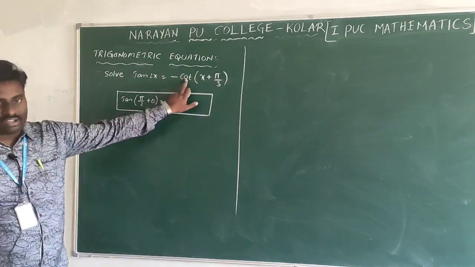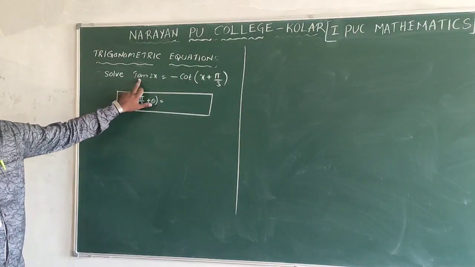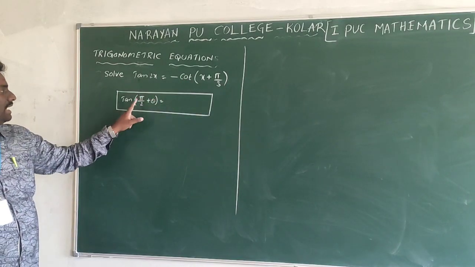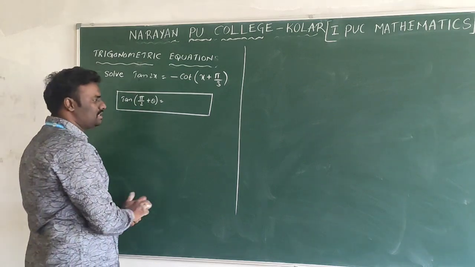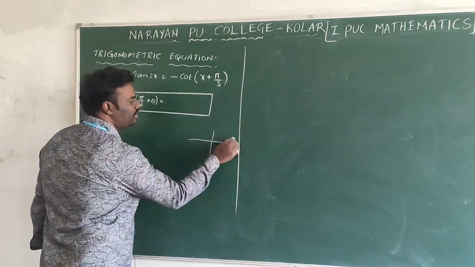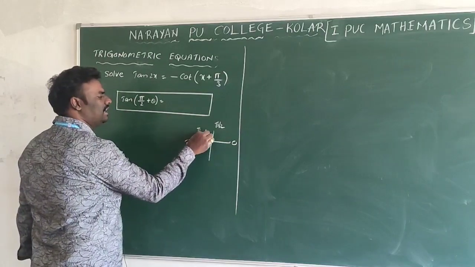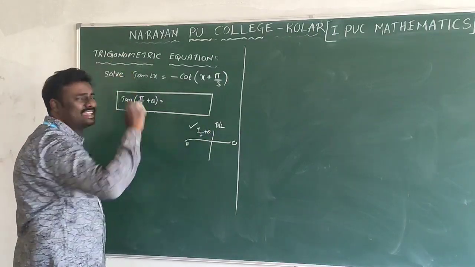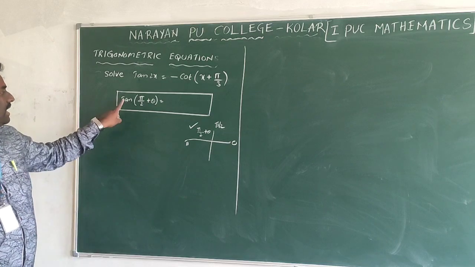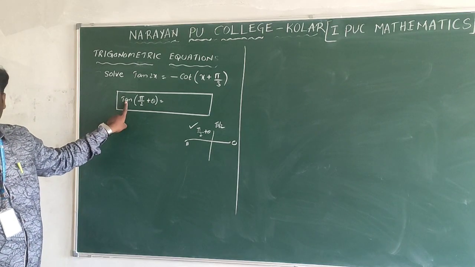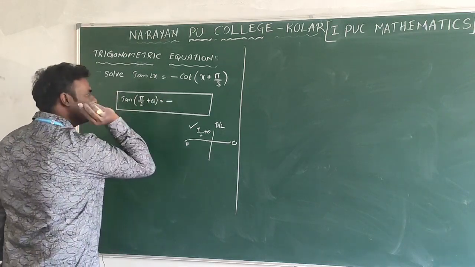Because here cot is there, but we require tan. That's why I am writing 90 plus. Why? Because this is 0, this is 90, this is 180. 90 plus theta will go to which quadrant? Second quadrant. In the second quadrant, tan is positive or negative? Negative. That's why minus will come.